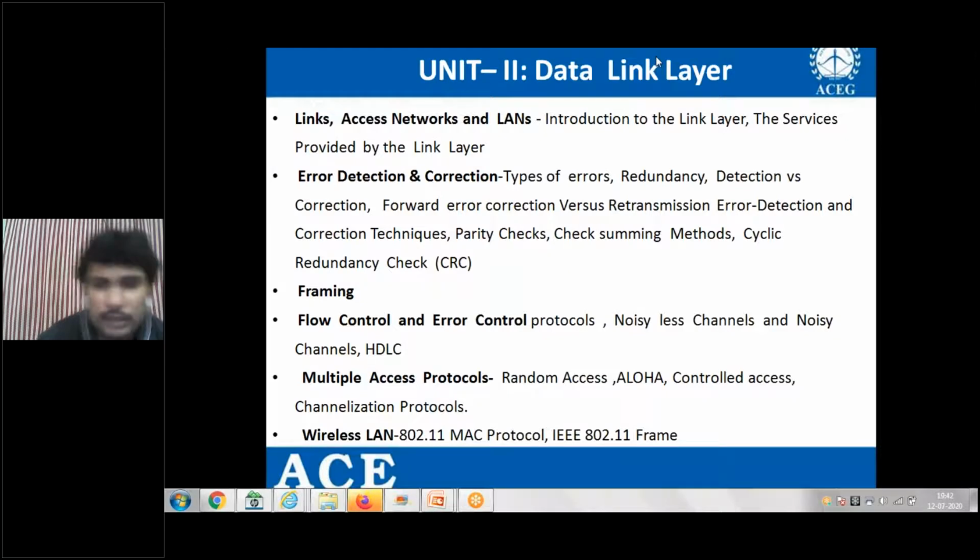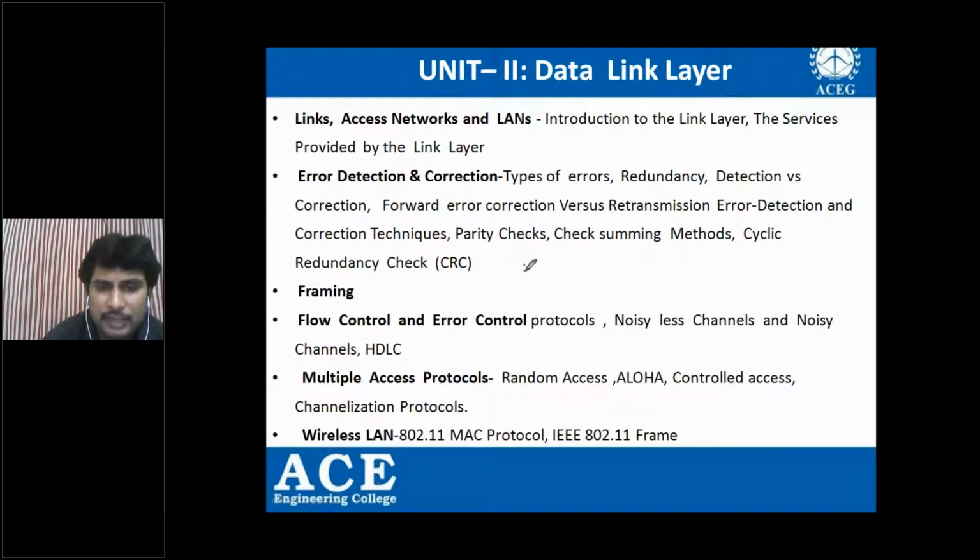When 1010 was transmitted and we are receiving 1011, then 1010 was what was transmitted, and I have received 1011.